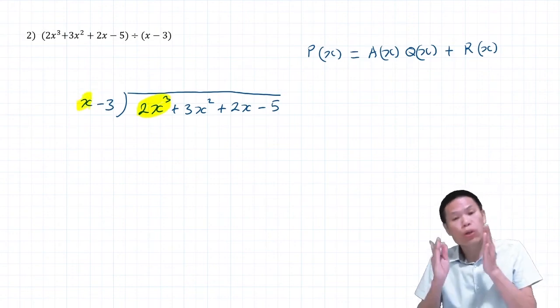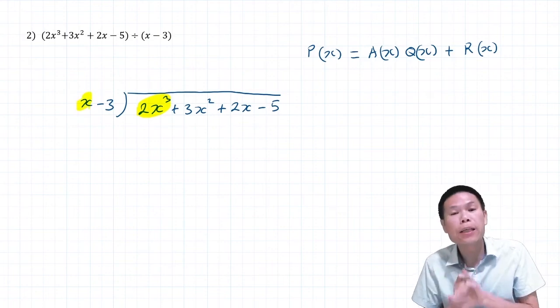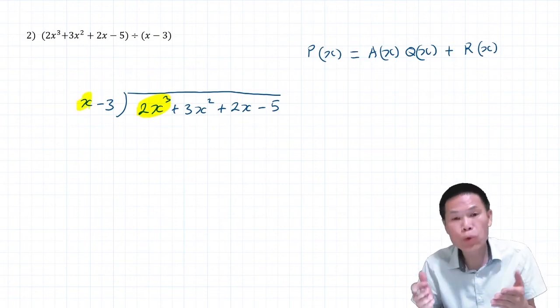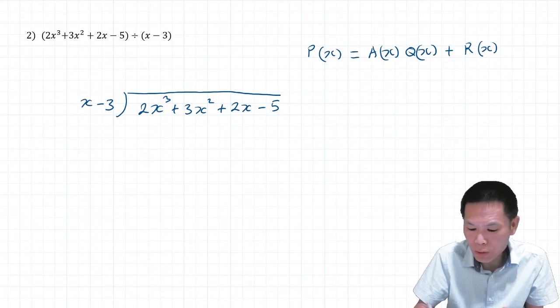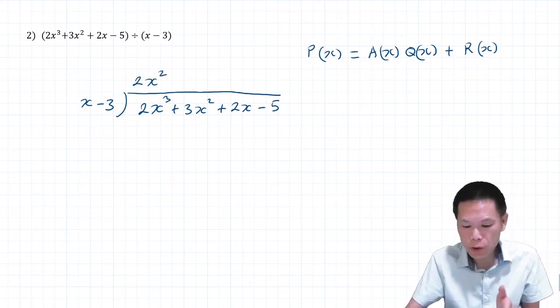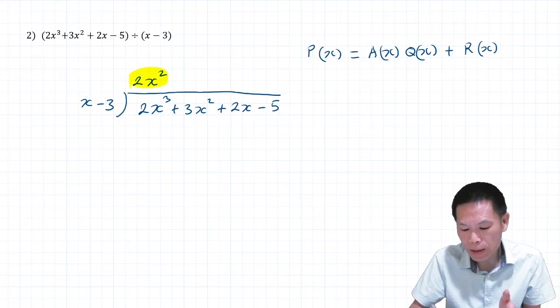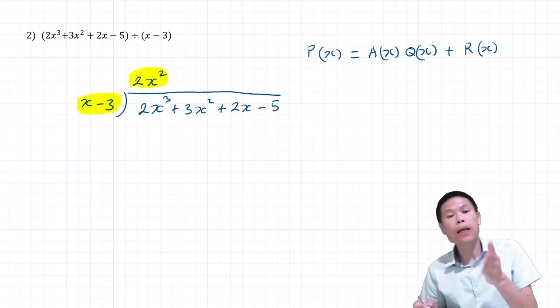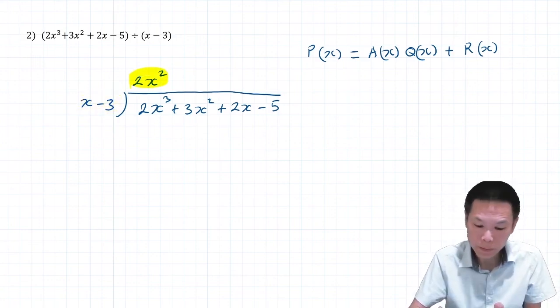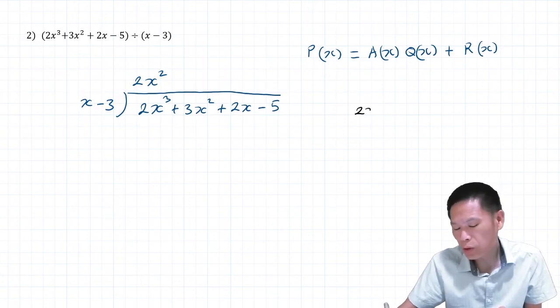So we use 2x to the power of 3 divided by x. So that will give me 2x squared. And then we use 2x squared times x minus 3.